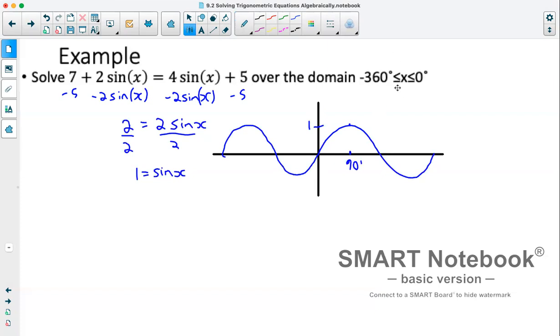However, that's not in this domain, so we want to find our corresponding point here, because we know if this is 0, it's repeating every 360 degrees, so this would be -360. So this technically here would be -270 degrees. So x is equal to -270 degrees.